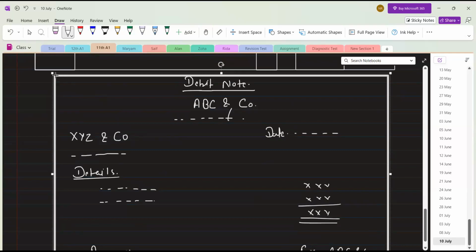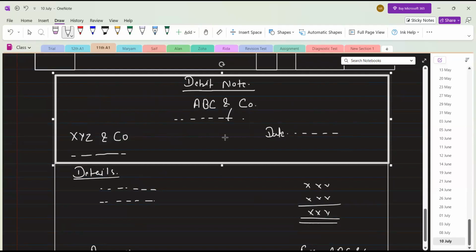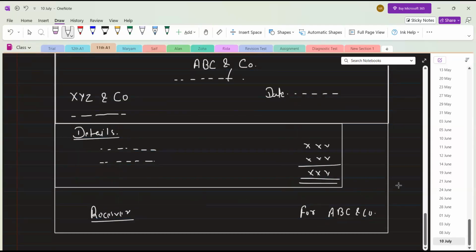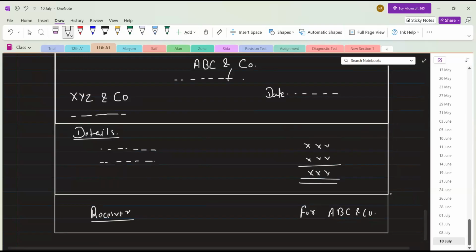The first part will be name and date. Then the second part will be details. And the third part will be signature and the receiver. So this is the debit note. It is a little bit different from an invoice, but it is called a debit note.